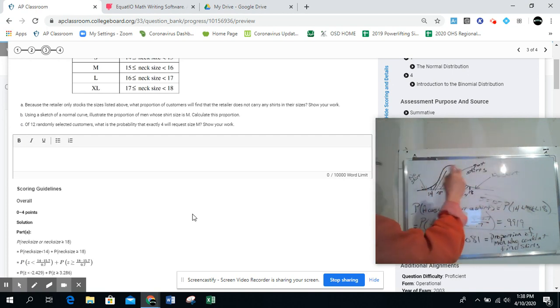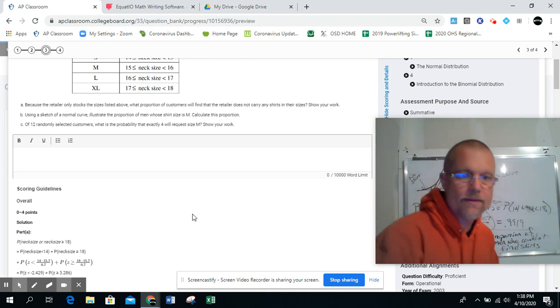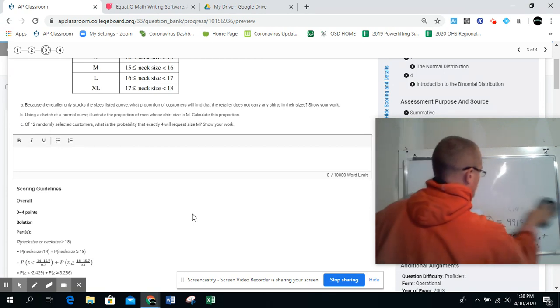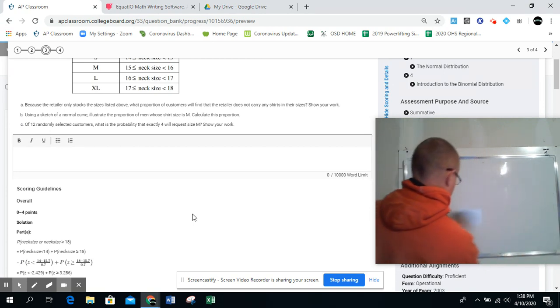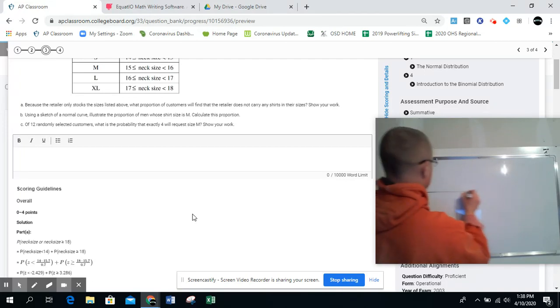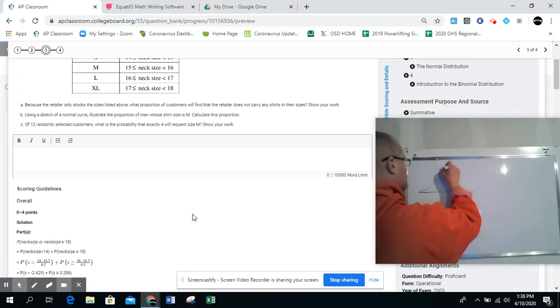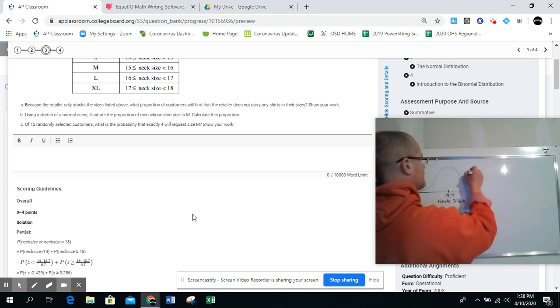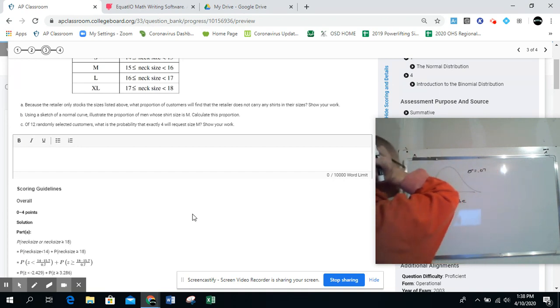In the next section, they want to know what proportion of men need mediums. So again, we're going to draw the picture of the normal curve, bell shape, neck size, 15.7, standard deviation equal to 0.7.